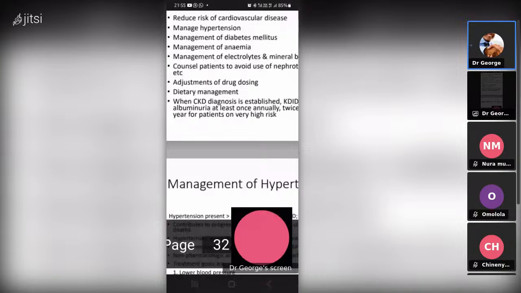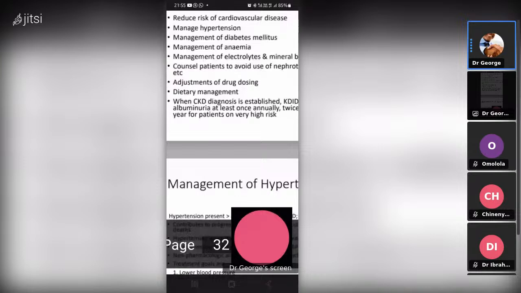Then the best drugs for patients that have CKD as well as diabetes. There's this SGLT2 inhibitors. Do you know any example of such drugs? And also glucagon-like peptide agonists.